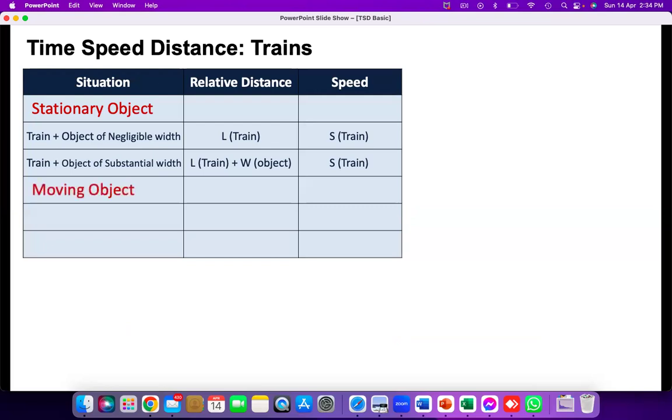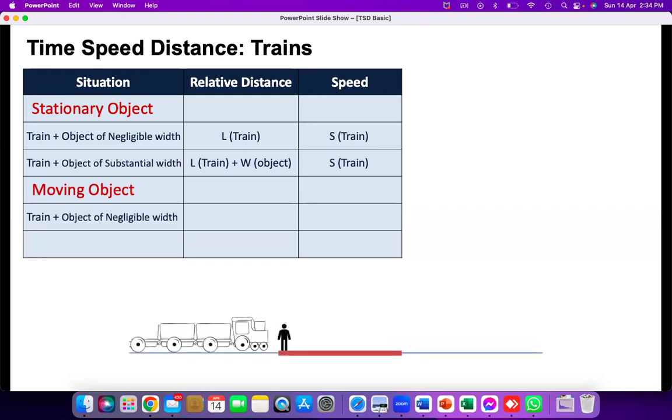Now, the third case is a moving object. So in the moving object case, what is happening? There is a train and there is an object of negligible width. Let's say some person is moving on a motorcycle. Now, both are moving.